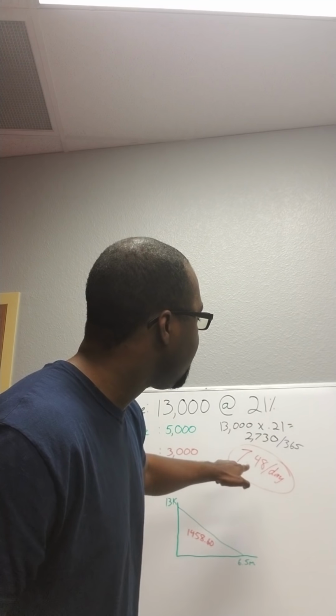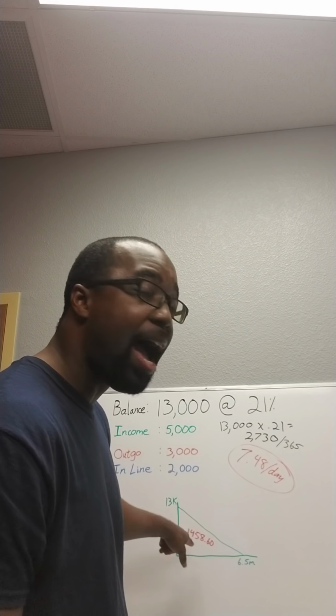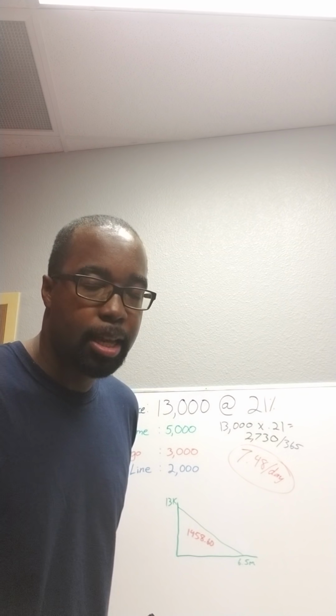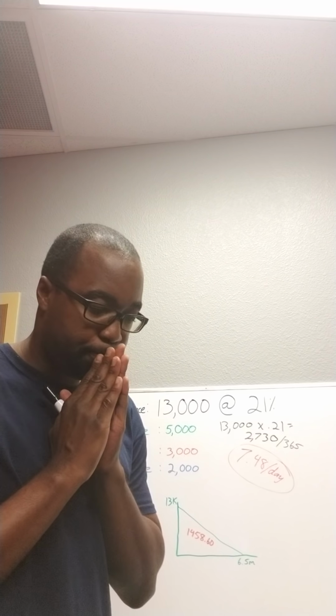So the half month is 15 days. 180 plus 15 is 195. So we're going to take that $7.48, multiply it by 195, and we're going to get $1,458.60.